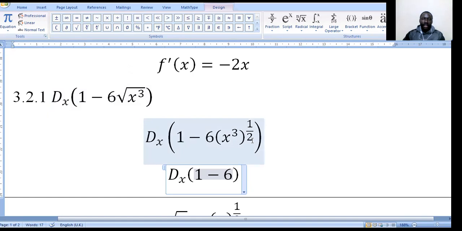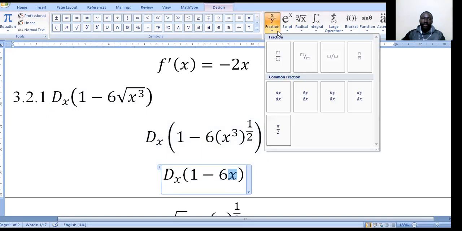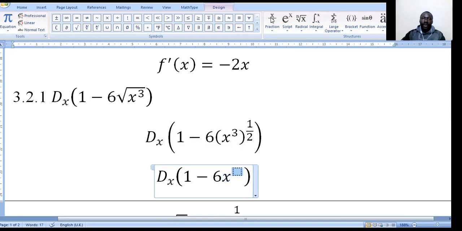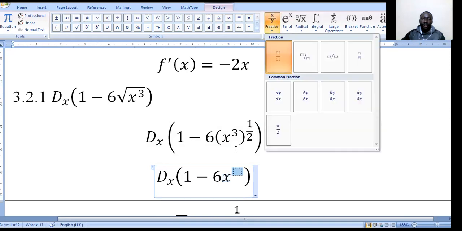And so this will give us finally x raised to 3 divided by 2. That is what happens when you multiply 3 times 1 over 2. You get 3 divided by 2. So let's raise it to 3 divided by 2.